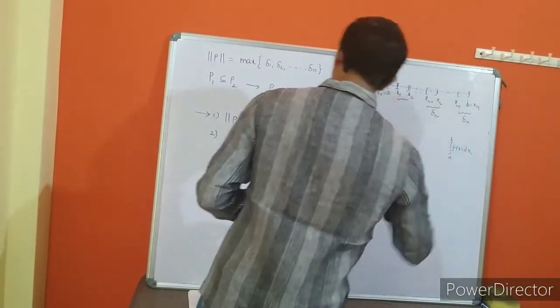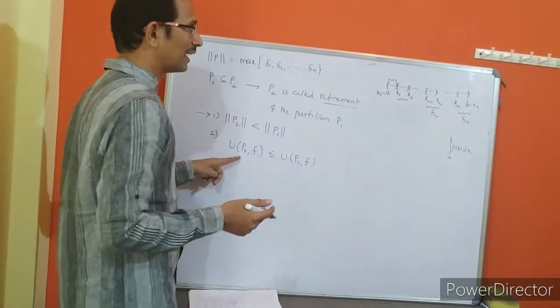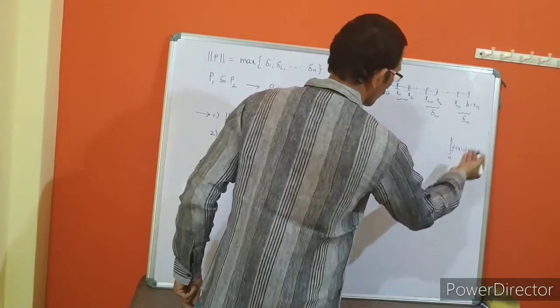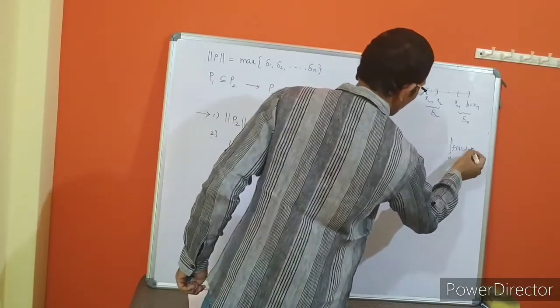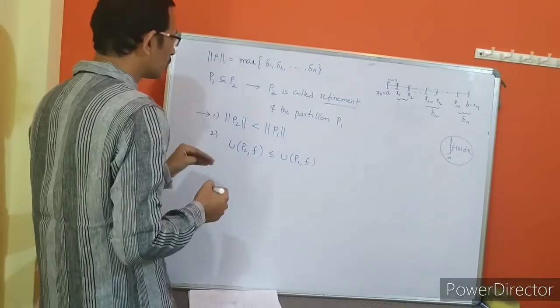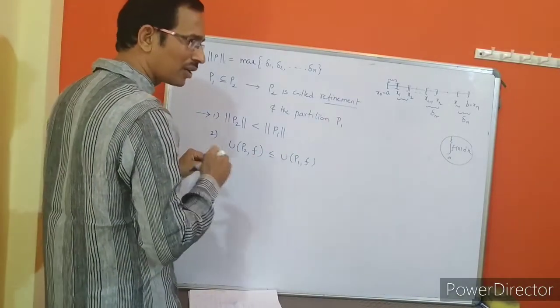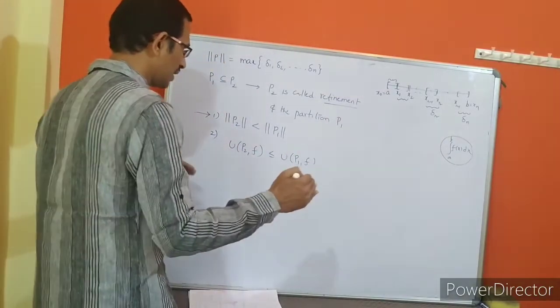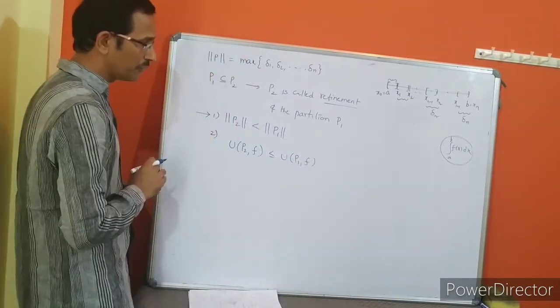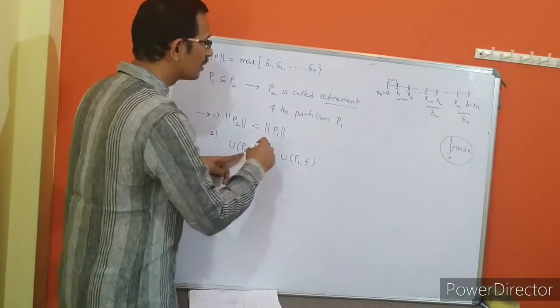When you increase the number of points in the interval, it gives a better approximation, a value closer to this integral. Therefore, the value comes down when you increase the number of points. We have already discussed it at length. Therefore U(P2,f) is always less than or equal to U(P1,f), where P2 is the finer partition.